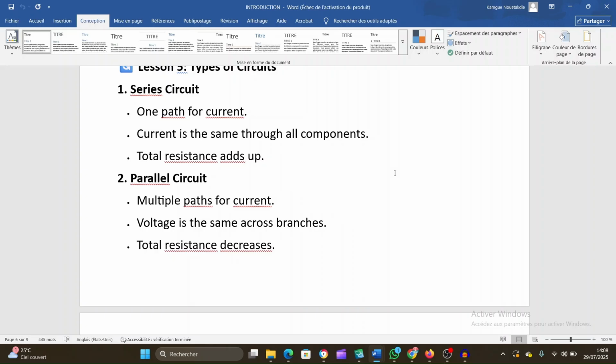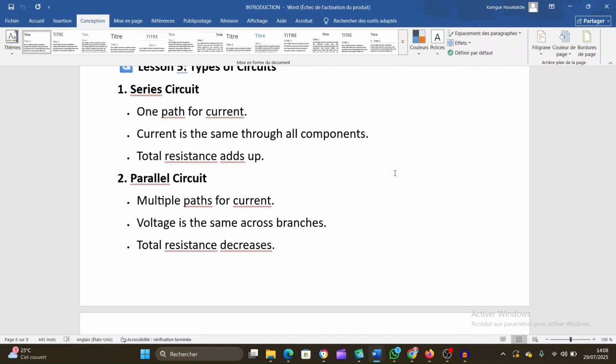Now, a parallel circuit is quite different, just a bit. For a parallel circuit, we have multiple paths for current. The voltage is the same in all branches, and the resistance decreases. So the difference between these two circuits that you need to keep in mind is that for the series circuit, the current has one path and the voltage is different across the components.